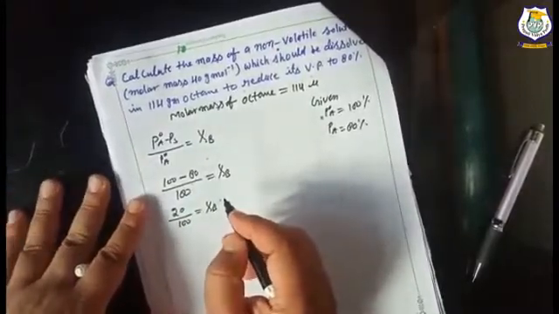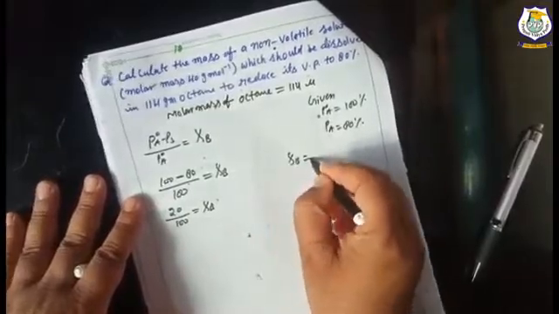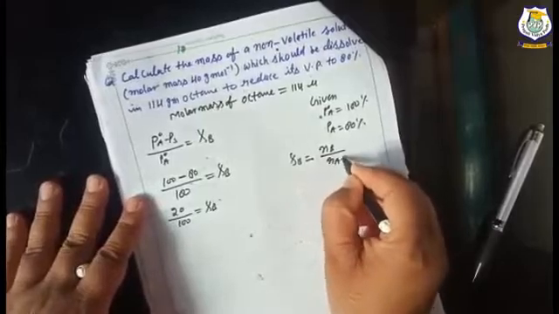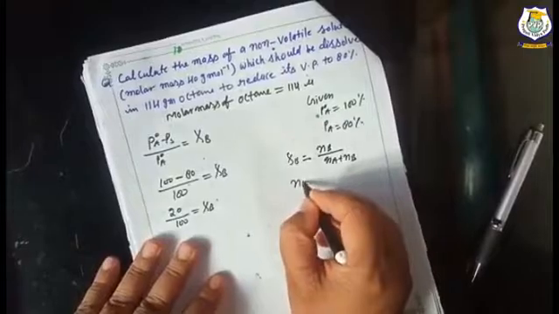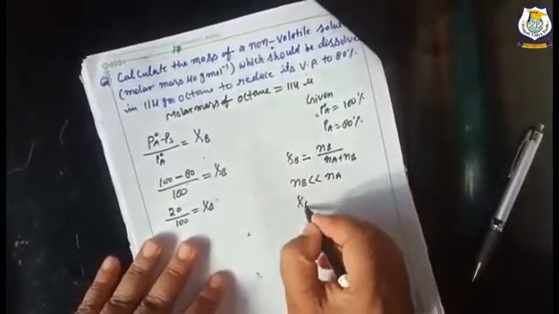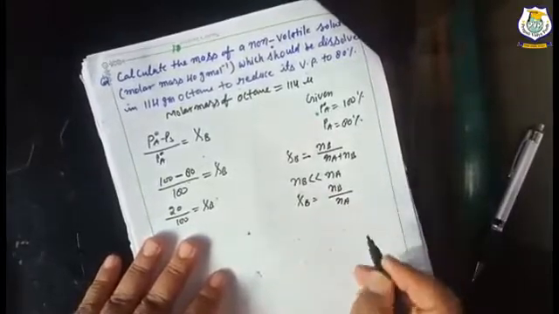XB equals NB upon NA plus NB. We also know that NB is very small compared to NA, so XB equals NB upon NA.